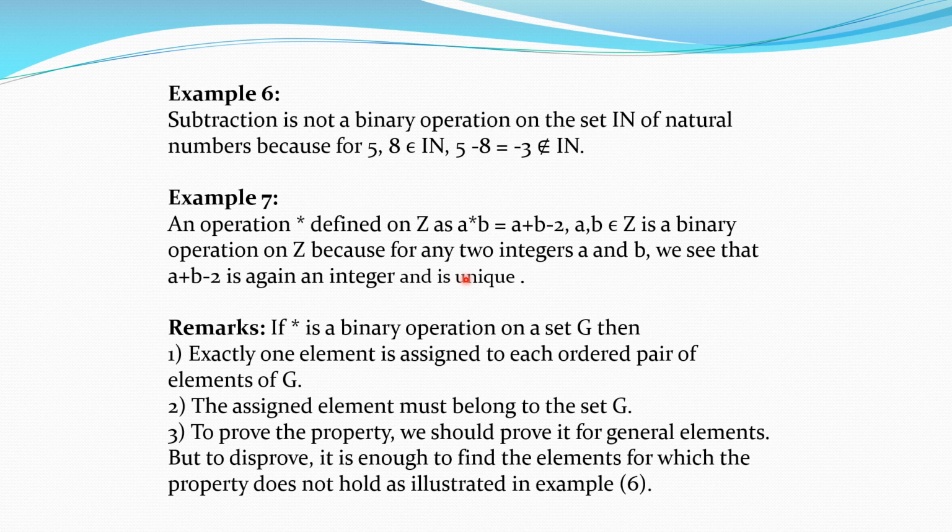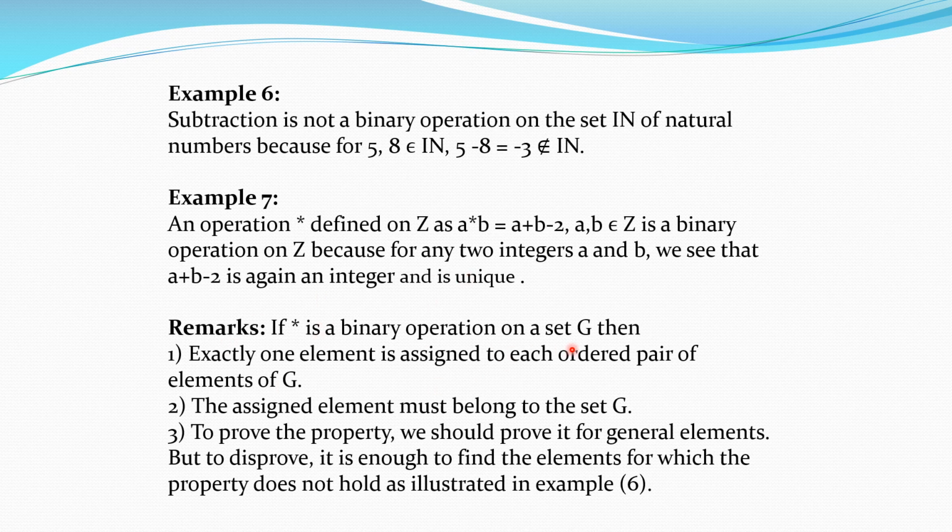Finally we can say that for any two elements present in a set, if we apply star on the two elements, then A star B must be an element of that set itself. Then only it is a binary operation. And if you get at least one pair A, B from that set for which A star B is not present in that set, then it is not a binary operation.